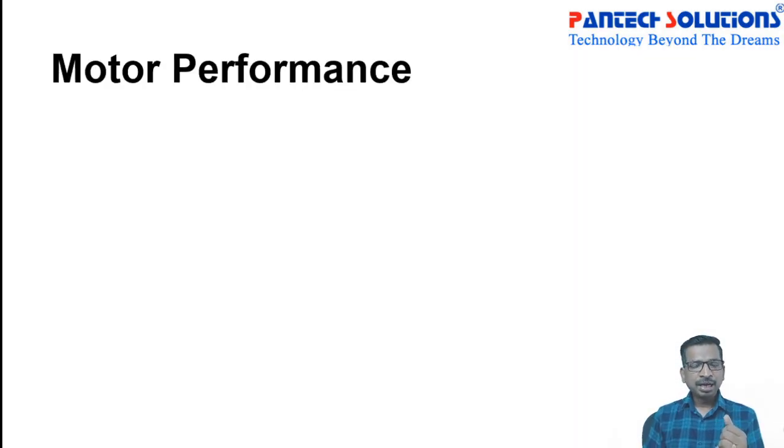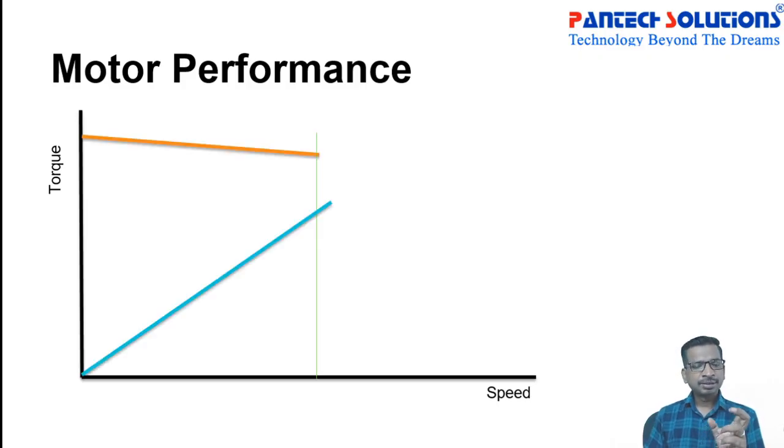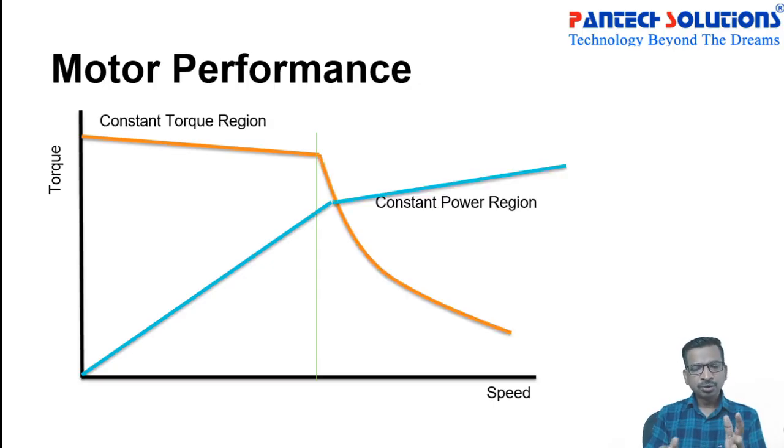If you take the motor performance and draw a curve between the torque and the speed, there are two kinds of sections. One is called below critical speed, and the other above critical speed. The critical speed is nothing but the rated speed.